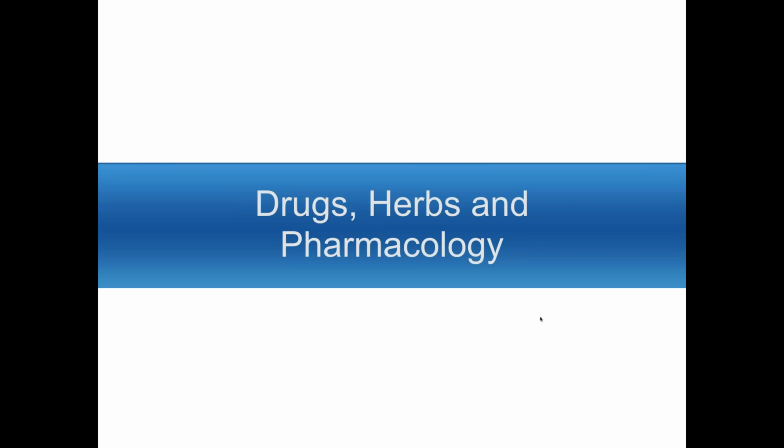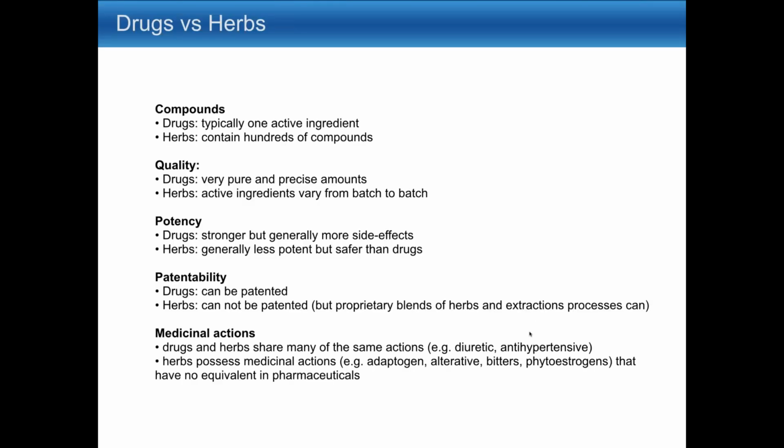Hello. Perfect. Okay. So drugs, herbs, and pharmacology. Appreciate that when it comes to herbal medicine, herbs are drugs. The term drug was derived from, I don't know what language it was, I think maybe German, the term druga. So druga means plants.